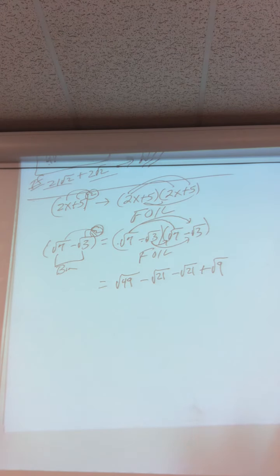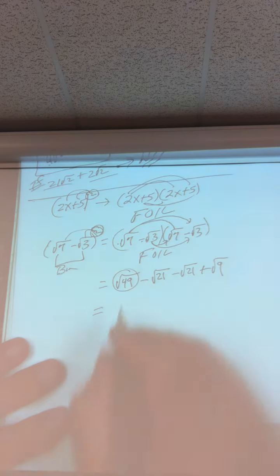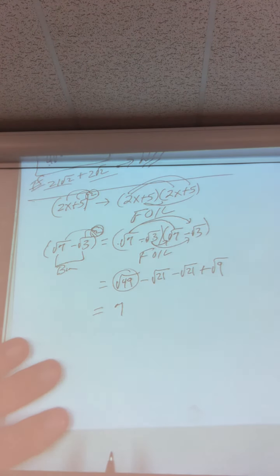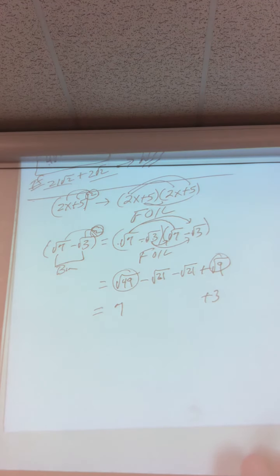Now, a couple of things. First of all, what's the square root of 49? It's just a plain 7. What's the square root of 9? It's 3. Now, I can't reduce these two radicals because there's nothing that goes into 21 that you can get the square root of.